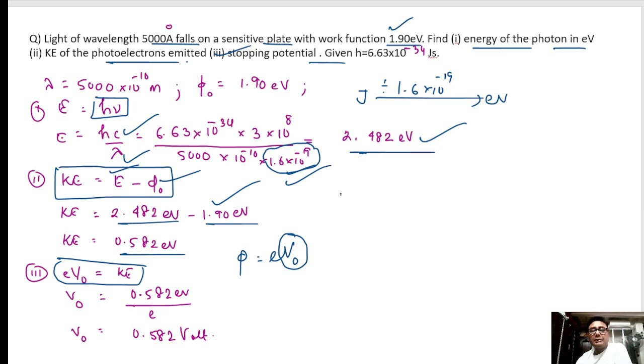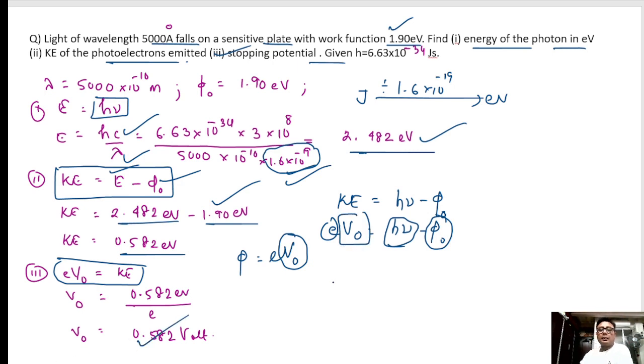So kinetic energy is equal to h nu minus work function, and this is E into V0 is equal to h nu minus phi 0. So this whole I know, divided by E, I will get the V0.